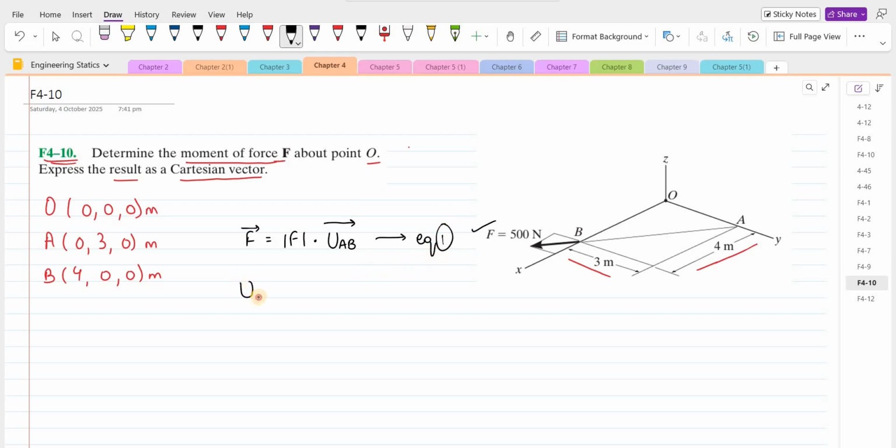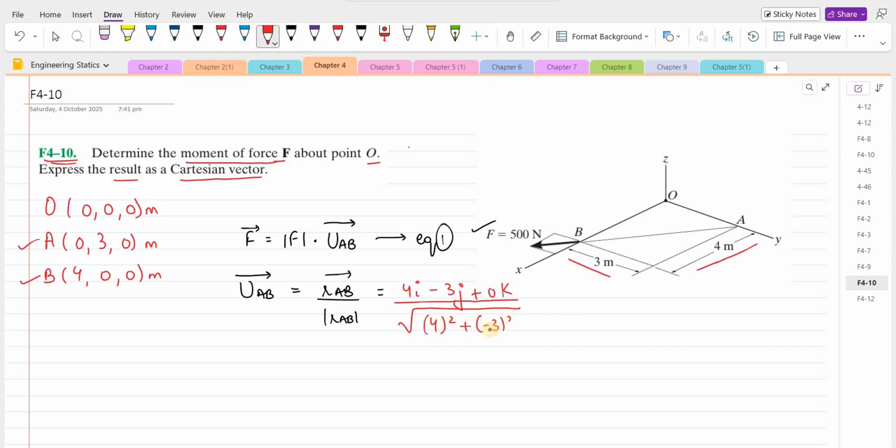Now for the unit vector AB, we have to take the position vector r_AB over its magnitude, and the position vector r_AB is the coordinates of point B minus the coordinates of point A. So we have (4i minus 3j plus 0k) divided by its magnitude, which is the square root of 4 squared plus (minus 3) squared.